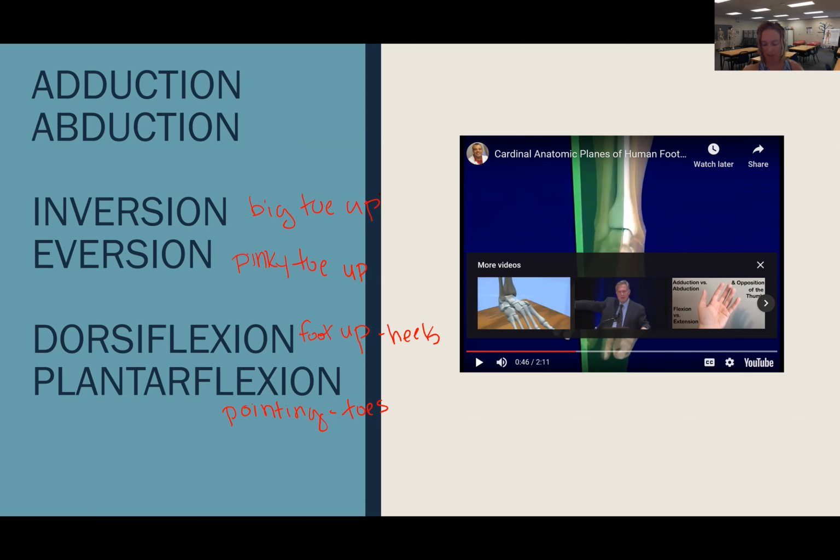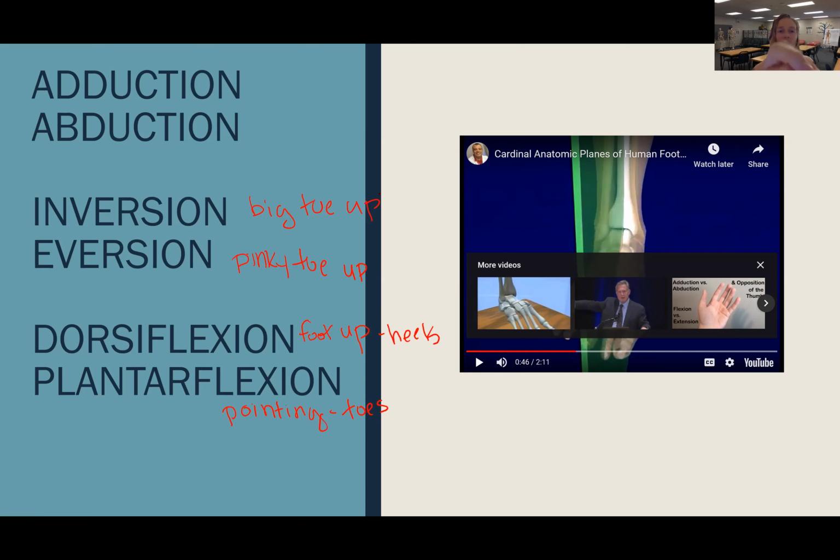So the inversion type of ankle sprain happens much more often. Eversion does not happen that often. And eversion can be bad because you can end up breaking the bone on the outside of your leg, which is your fibula. Good job, guys.